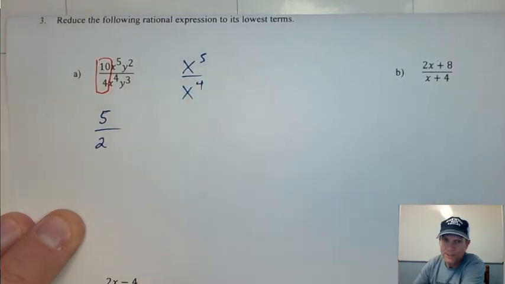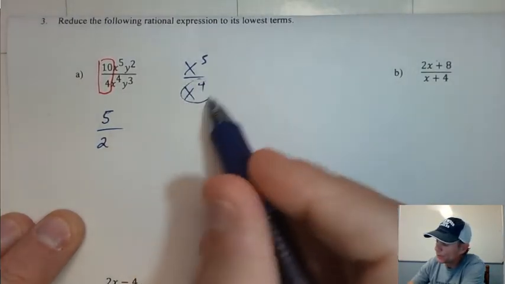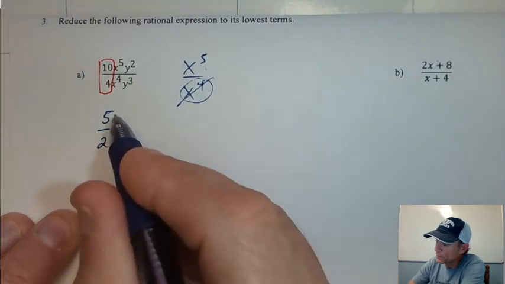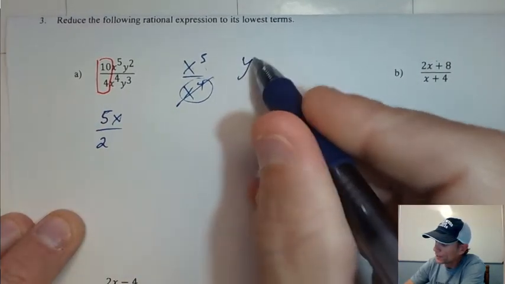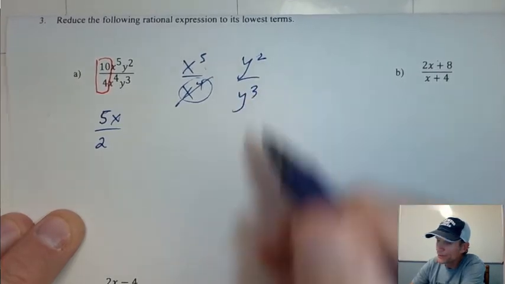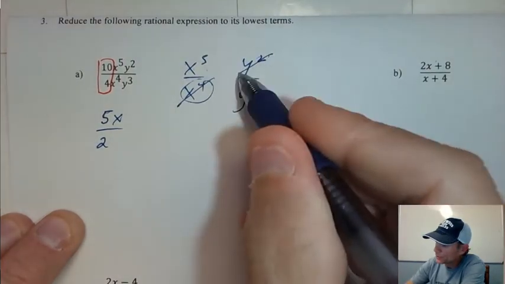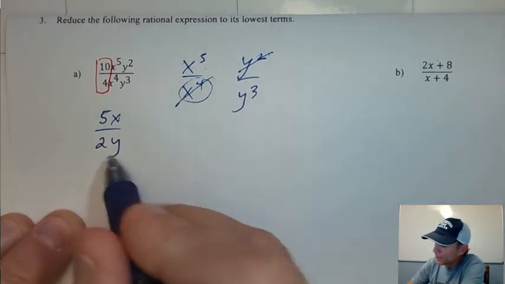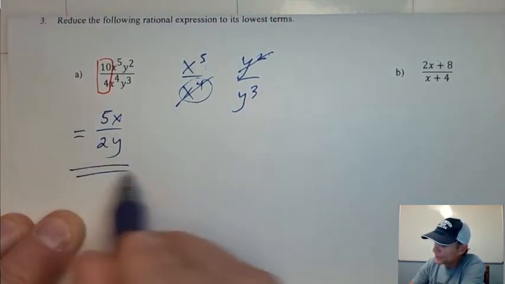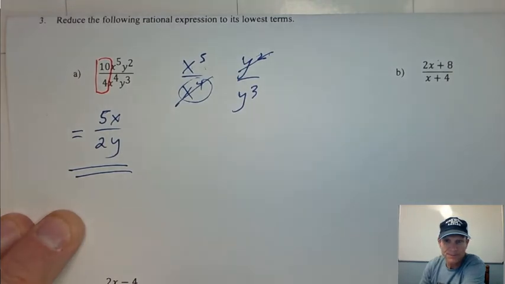We've already done this in a previous chapter. All these x's would cancel out and leave me 1x on the top. Then I can work on y squared over y to the 3rd. Again, all these would cancel out and leave me 1y on the bottom. So that is the simplified rational expression.